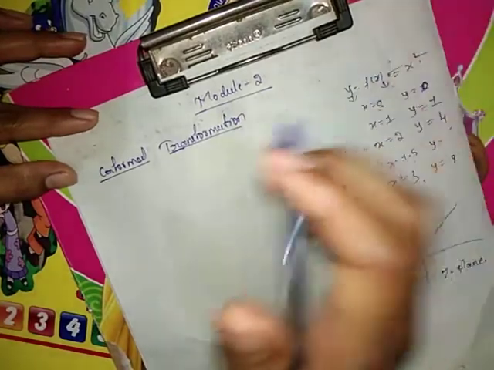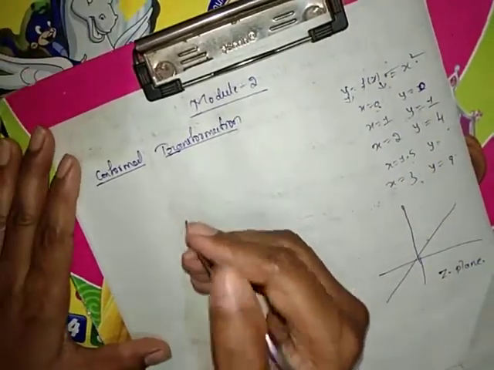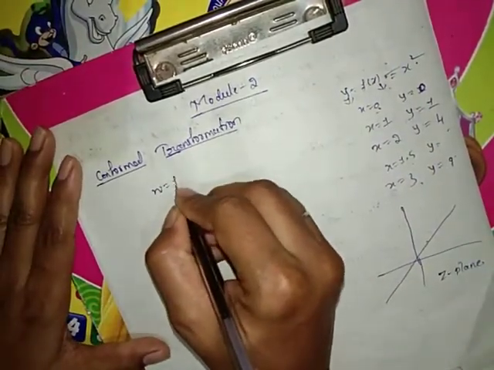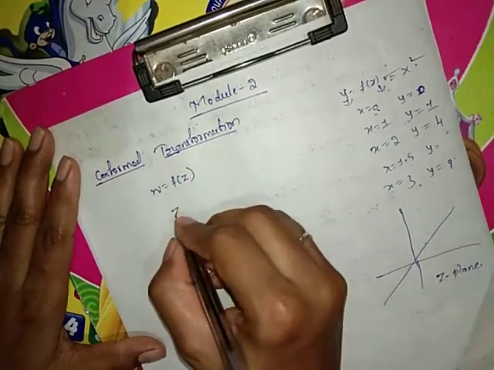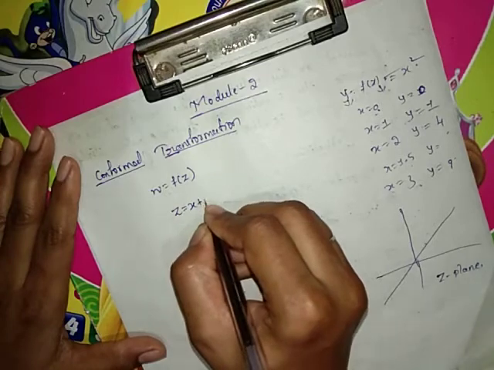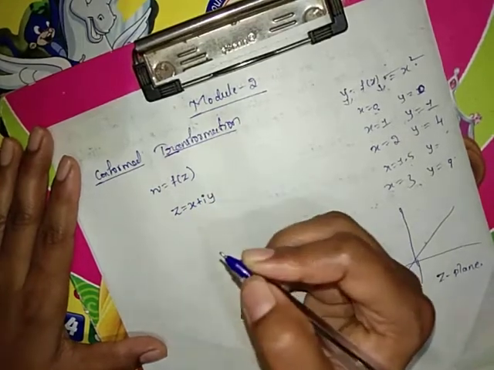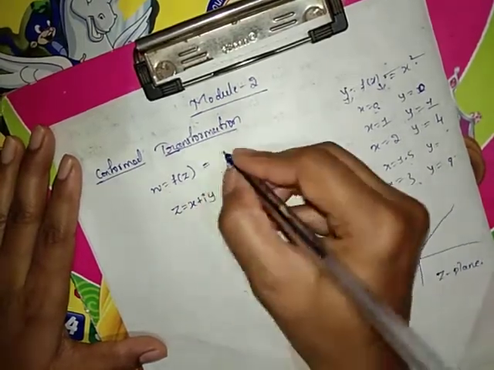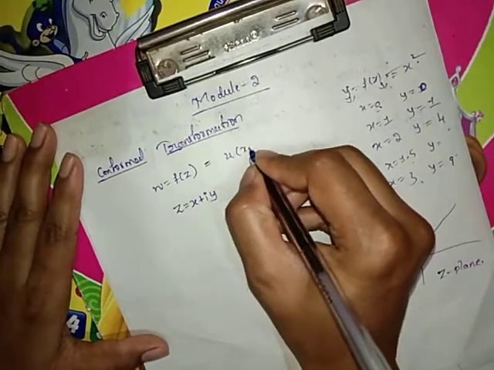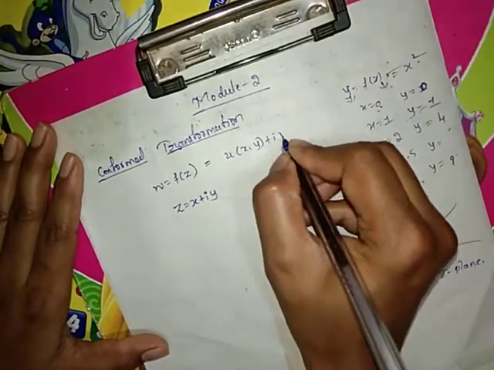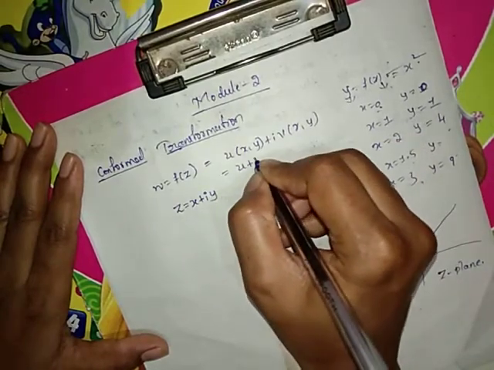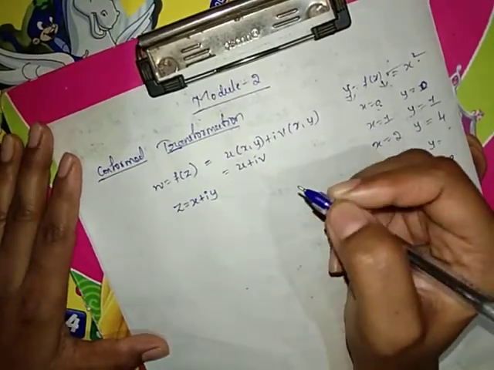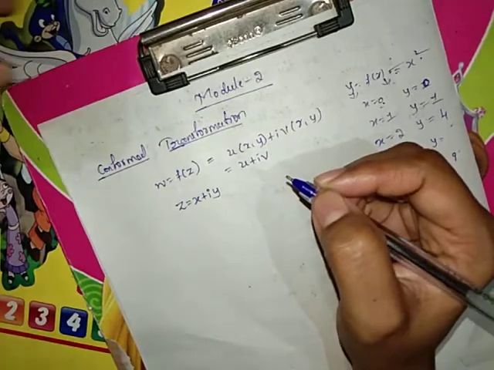Similarly, in the conformal transformation, we know that w equal to f of z, where z equal to x plus iy. f of z equal to u of x comma y plus i into v of x comma y. In general, you can also write it as u plus iv. Correct?